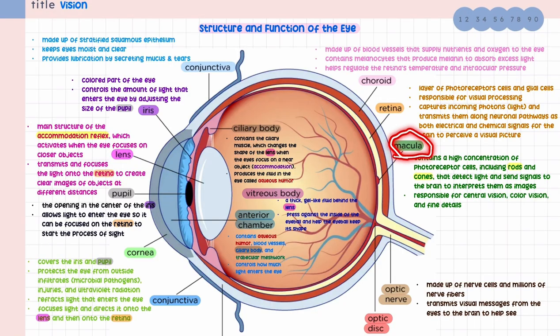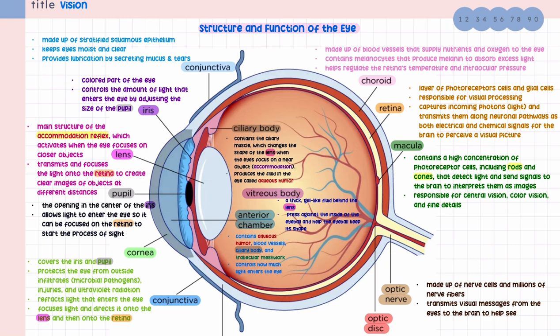We have here the macula. This is the macula. It's right here, and the macula contains a high concentration of the photoreceptor cells. We have two types of photoreceptor cells in our eyes, two types of receptors that detect the light that we're receiving.